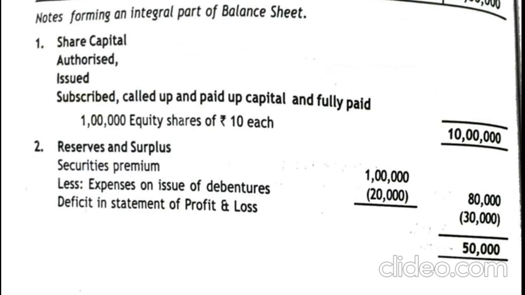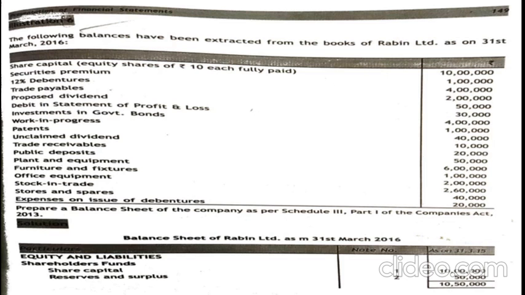So next, all the expenses related to any shares, debentures or stocks will be taken from reserves and surplus. So if you look at the question they have given, 12% debentures, trade payables, proposed dividend, debit in statement of profit and loss, that will also appear in your reserves and surplus. Debit in statement of profit and loss, in the sense it is a loss in your profit and loss statement.